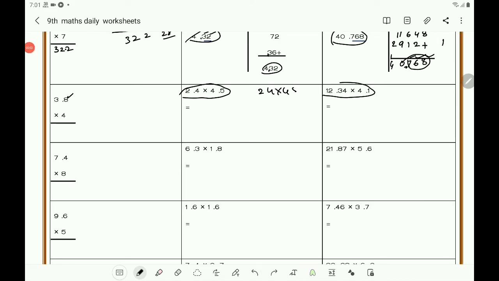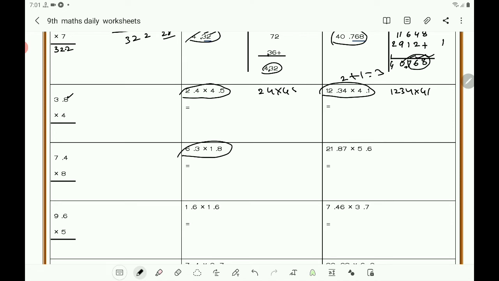Next, find the product of 12.34 into 4.1. Here also find the product of 1234 and 41. After that, put the decimal point. Here 2 plus 1, after 3 digits. Next, find the product of 7.4 into 8, that is 74 into 8, and put the decimal point after 1 digit.